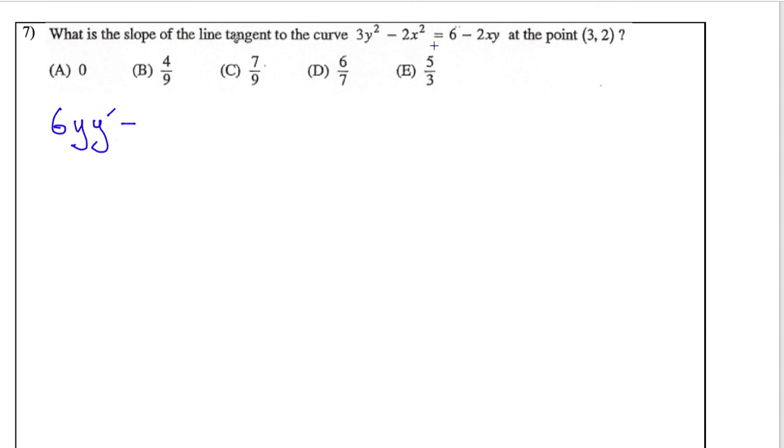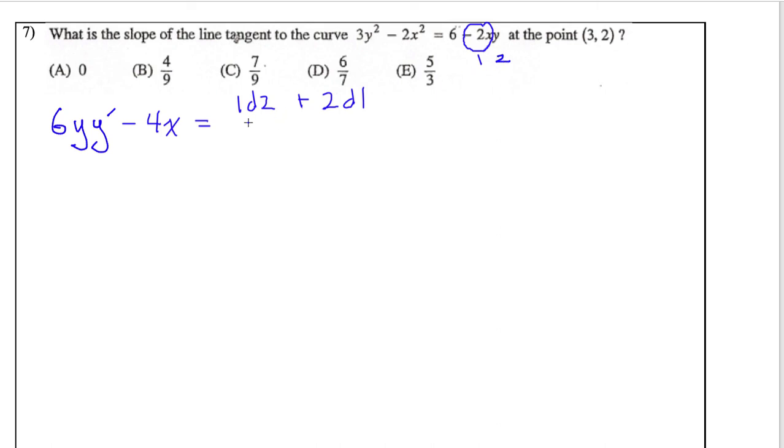Minus. Take the derivative of negative 2x squared, and it's negative 4x. Take the derivative of 6, a constant term, so 0. And now this is the tricky bit. It's product rule. I have 2 variables that are being multiplied together, so I'm going to have to do 1 d2 plus 2 d1. I'm going to consider all of negative 2x to be 1 and y to be 2.